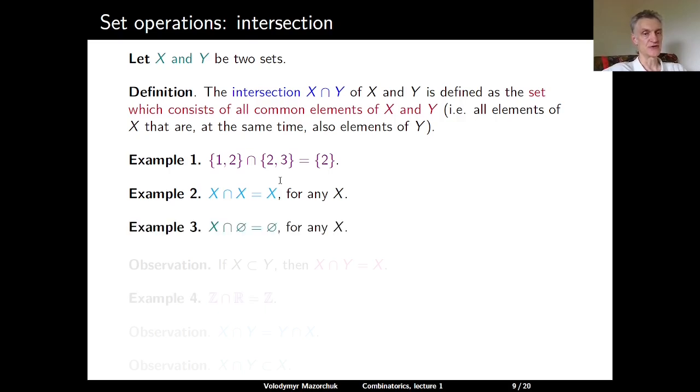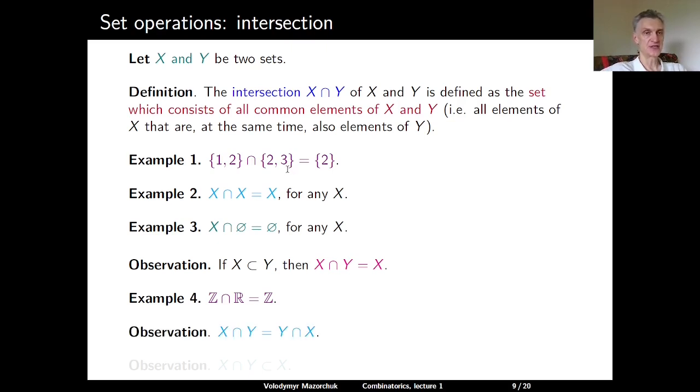And example 3, the intersection between X and the empty set is the empty set for any X. Let us observe that if X is a subset of Y, then the intersection between X and Y is equal to X. So for example, the intersection between the set of all integers and the set of all real numbers is equal to the set of all integers.